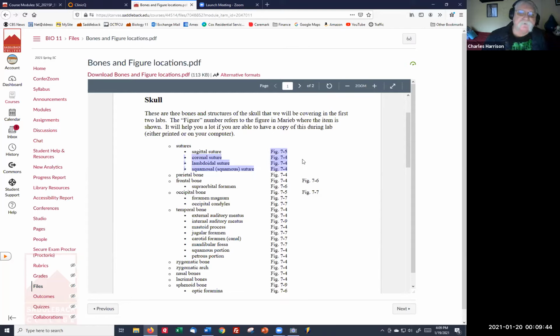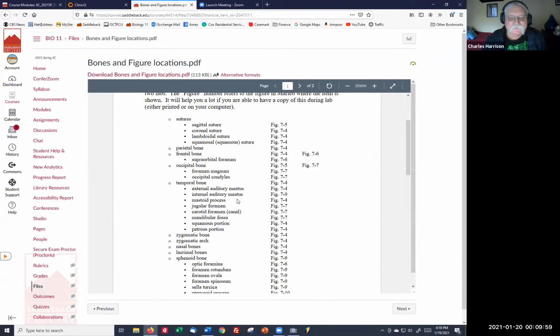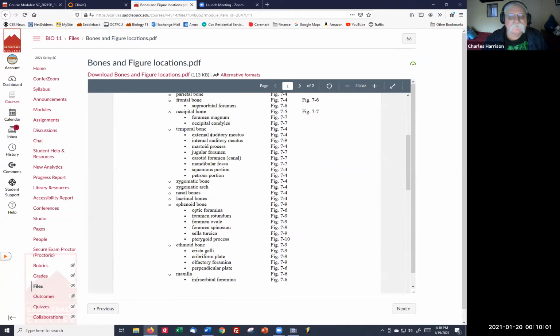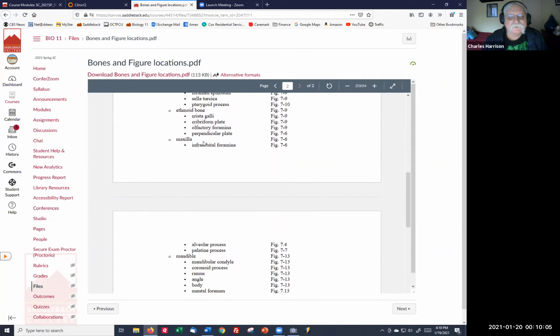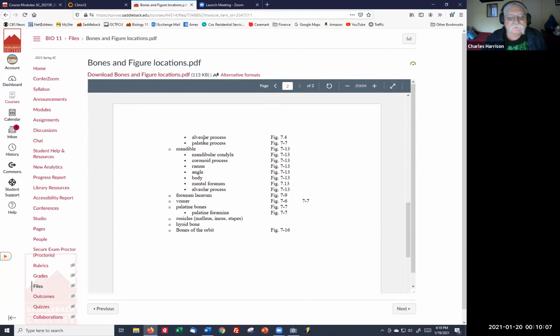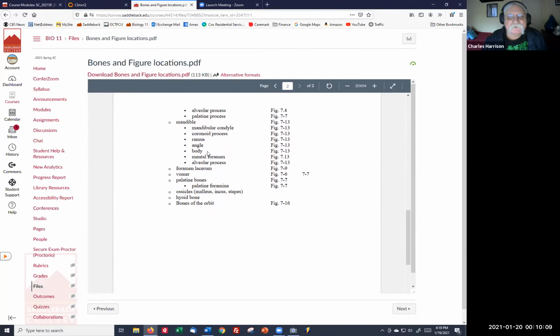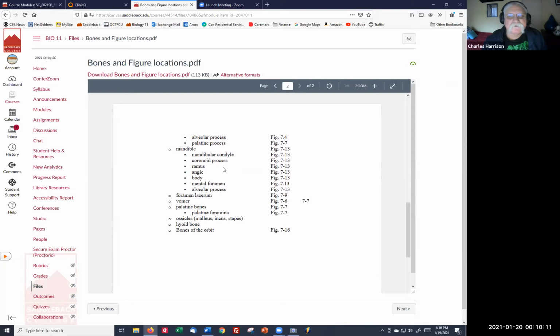So if you want to find the sagittal suture, you'll look at figure 7.5 and 7.4 for the next 3. Parietal bone, frontal bone, all of these, I found the figure numbers for you. And we're going to be covering all of these.